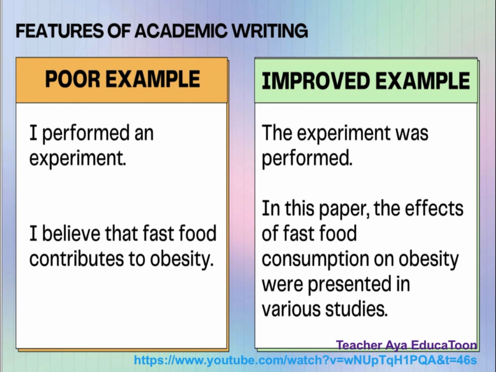Another example is, instead of saying, I believe that fast food contributes to obesity, it is better to say, in this paper, the effects of fast food consumption on obesity were presented in various studies. Avoid phrases like I believe, I think, and I feel, because these may indicate biases.